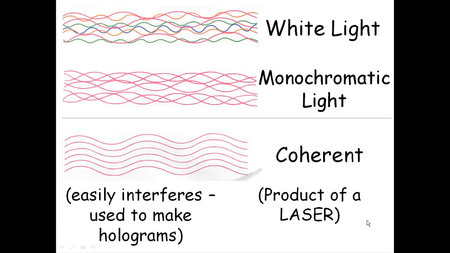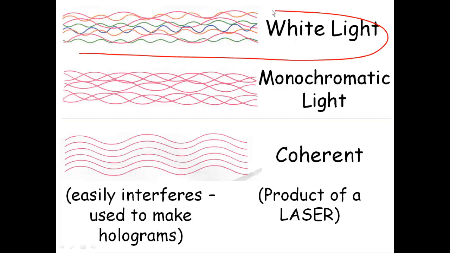Realize light given off by most sources is very jumbled. We get all the wavelengths, all the frequencies. It looks like a bunch of spaghetti on a plate. What if we were to get rid of all of the other colors and just have one color, in other words, make it monochromatic? Well, it might look like the picture shown here in the middle. Now, what if we could take it one step further?